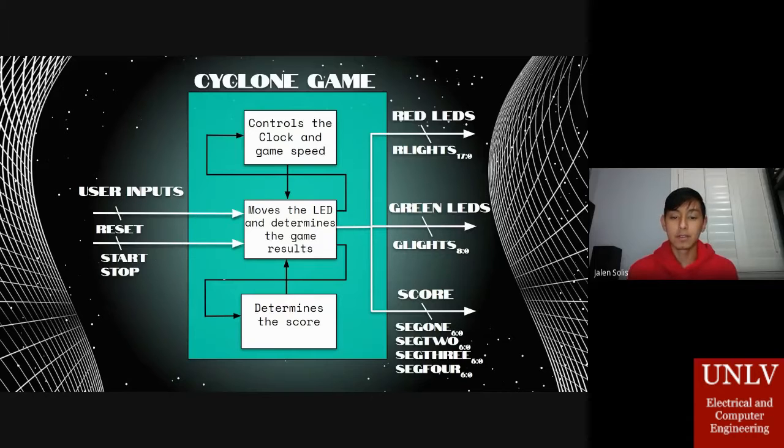If the user fails, the board will output all the red LEDs as well as the score to go along with it. Finally, if the user beats the entire game, the green and red LEDs along with the final score are output from the board, indicating to the player that they have won. Additionally, the reset input is there in case the user wants to ever end the game early or an error occurs.